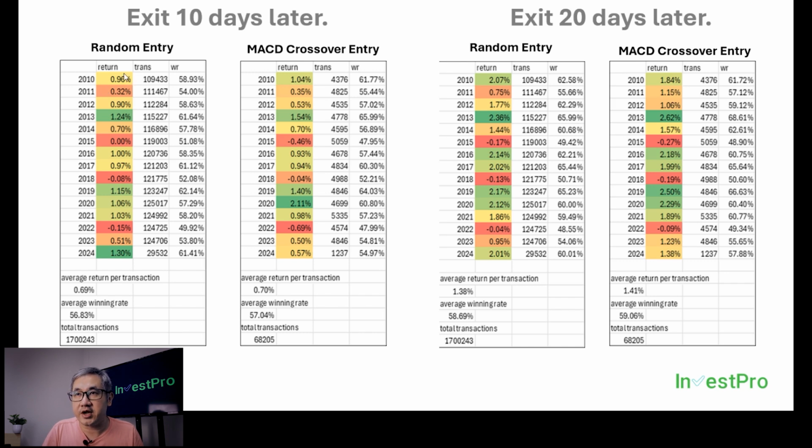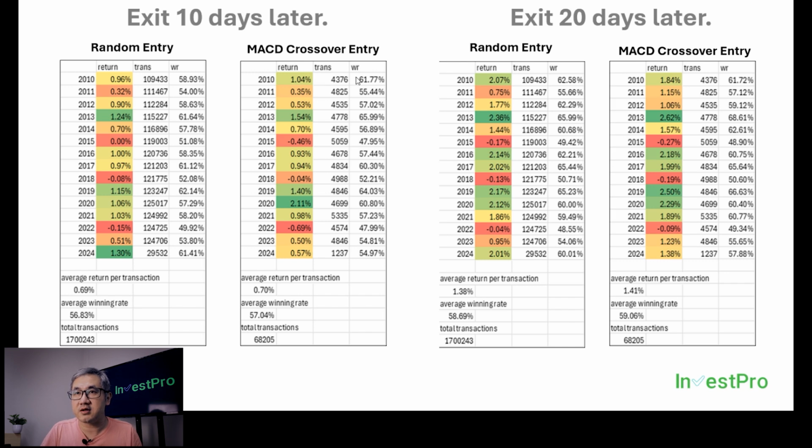Whereas for the MACD crossover entries, it's pretty obvious. The entry is just based on when there's an opportunity, when the MACD line crosses over the signal line. When an MACD crossover happens, we buy the stocks, and then once we buy, we exit 10 days later.